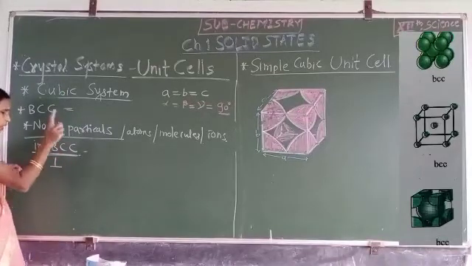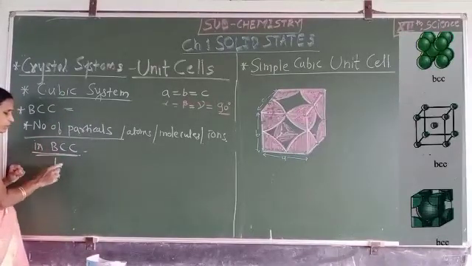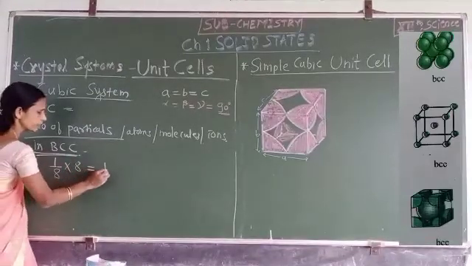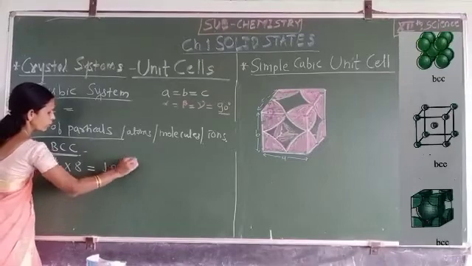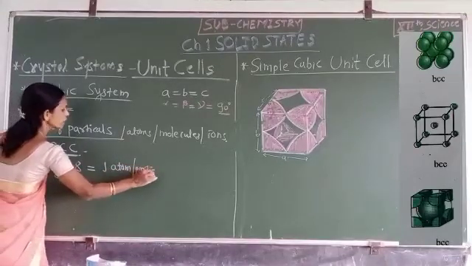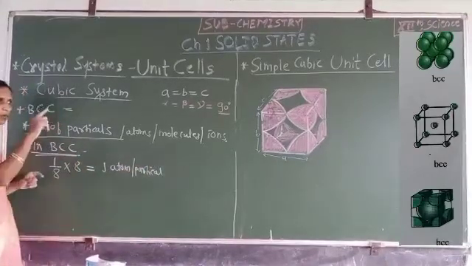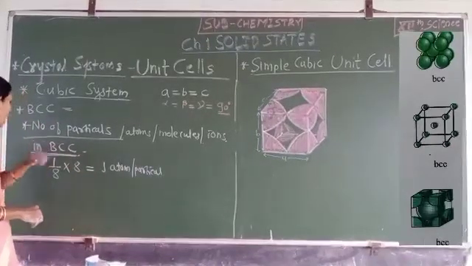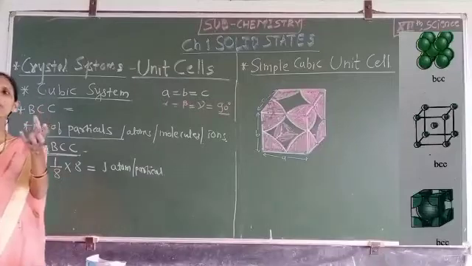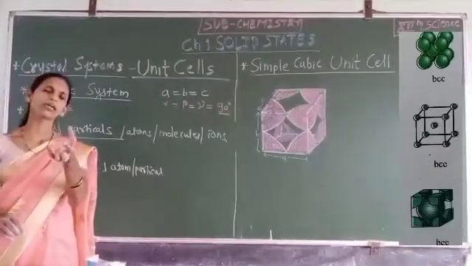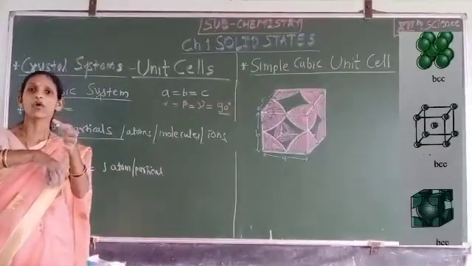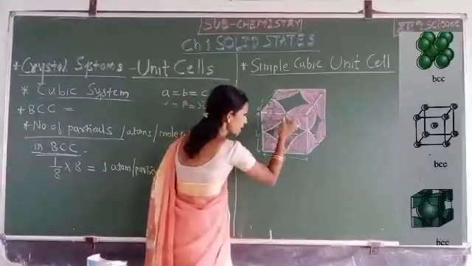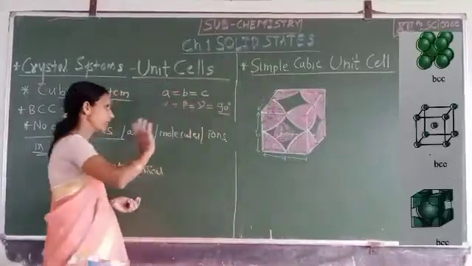That means at one corner 1/8 part of one particle. Like that at 8 corners we get 1 atom or particle at the corners of the body centered cubic unit cell, as well as there is one more extra particle present inside the body of that unit cell.